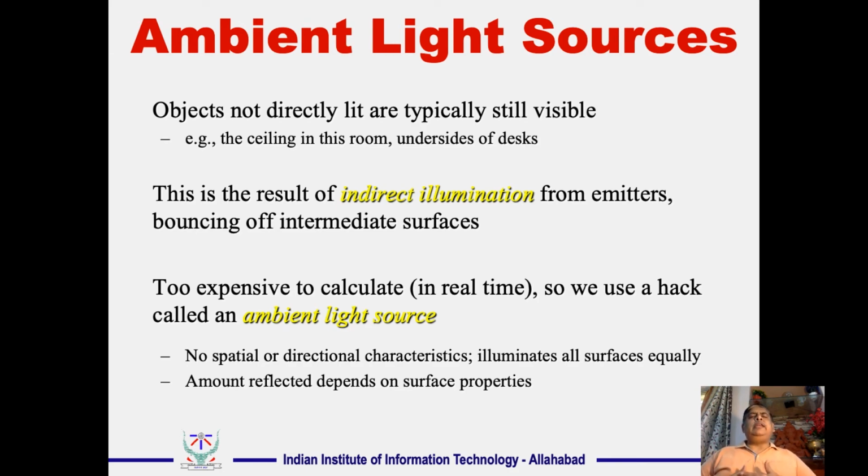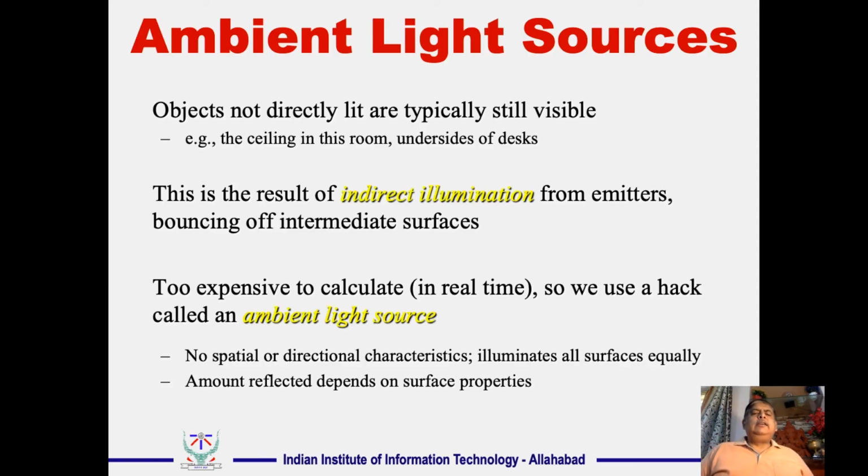Now, this illumination has no direction or light source, or it cannot find the parent from where it has obtained the light. It is obtaining it from all over the room.